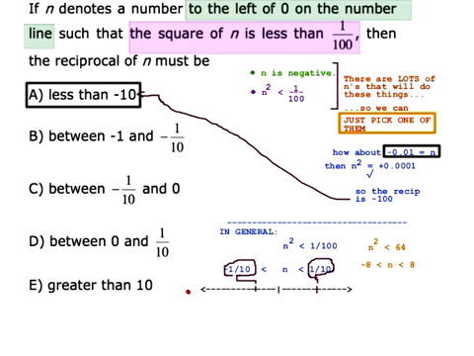Then you've got these two areas, and these areas have those two different kinds of reciprocals. The numbers in this area are going to have reciprocals that are between -infinity and -10, which are the solutions incidentally of this problem.